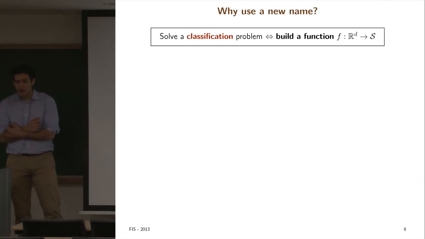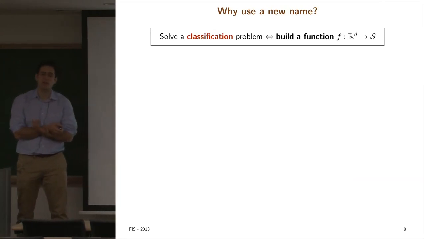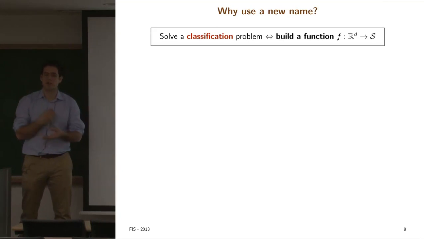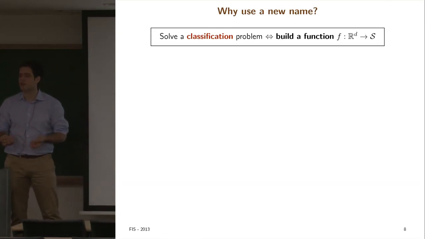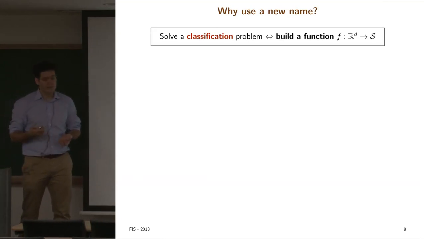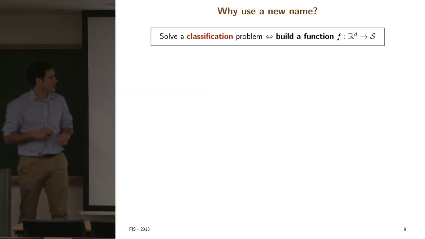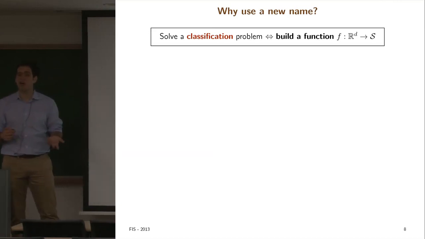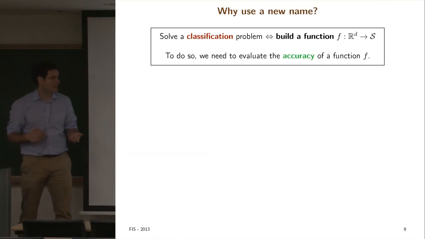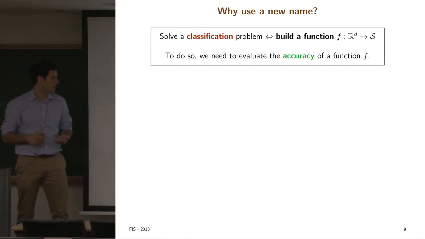So you might wonder why we need to use a new name for binary classification since we have already developed some tools for linear regression, for regression. After all, classification is just building again a function that goes from R^d, your space of observations, to the space S of labels. In what sense is it very different from what we've seen so far?